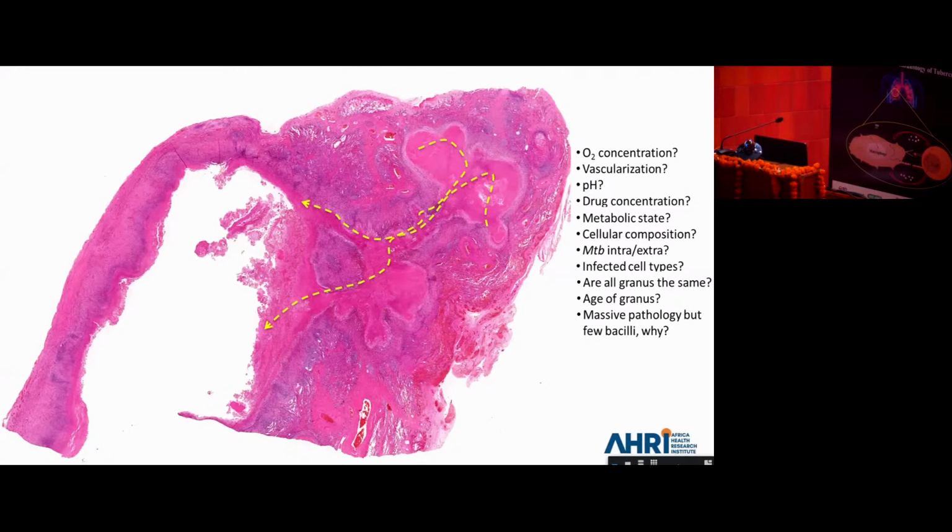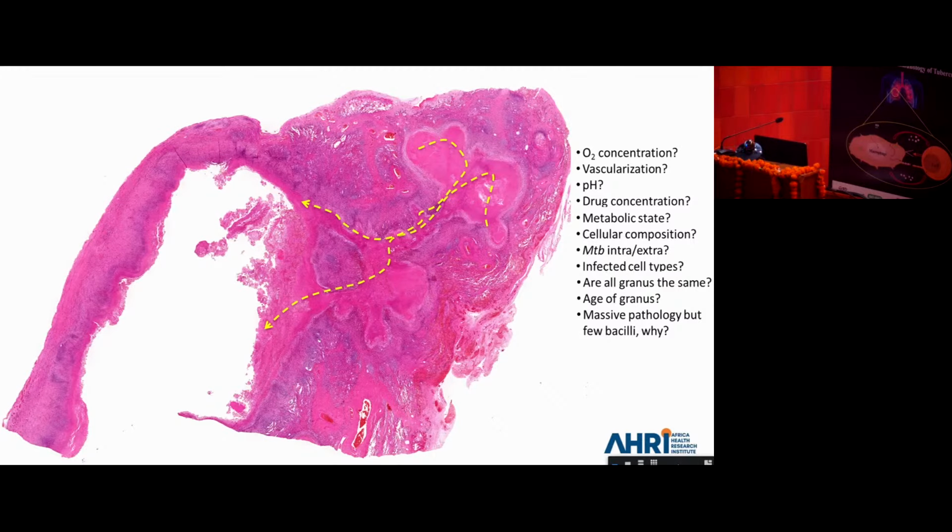So there are numerous questions that one would like to ask. What is the oxygen concentration, the degree of vascularization, what's the pH inside the necrotic lesion, inside the cavity, what's the drug concentration in the different areas, what's the metabolic state, cellular composition, etcetera. How do we determine the age of the granulomas? That is also very important, but an outstanding question.